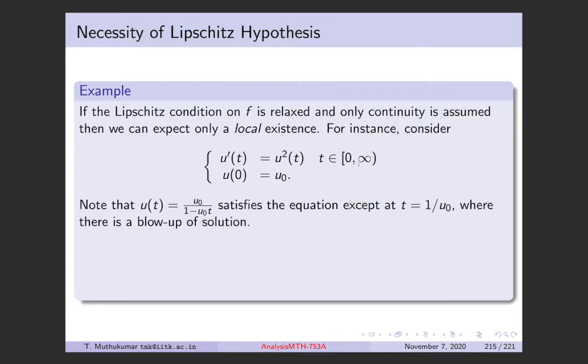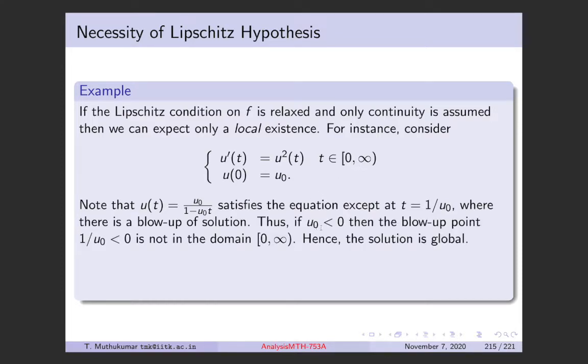For instance, if u naught is negative, then 1 over u naught is negative, which means t is negative, so it's not in the domain. So for u naught negative, suppose you start with a negative u naught here, then there is no problem. This IVP has a global solution.